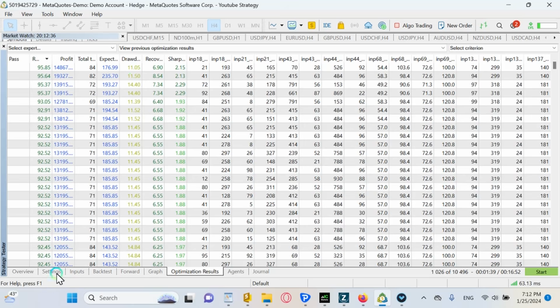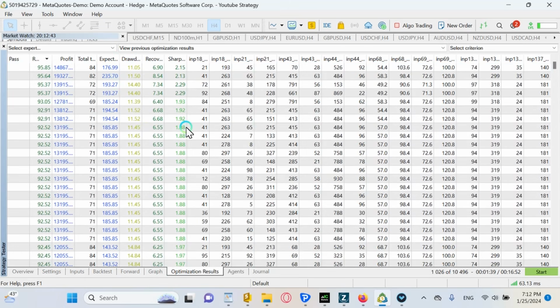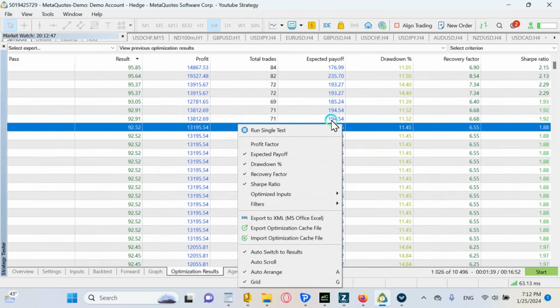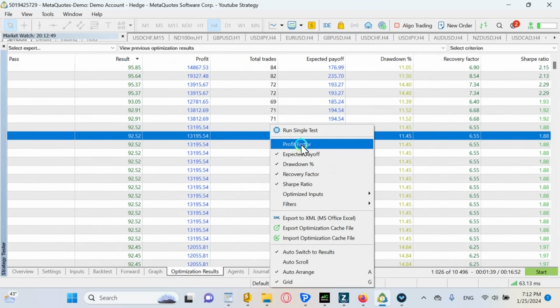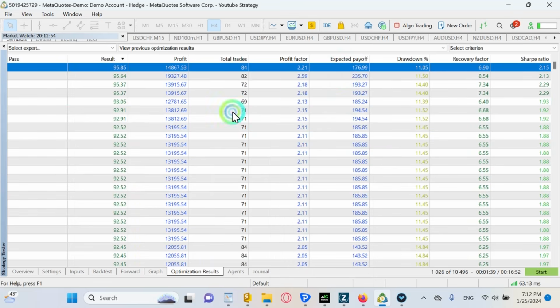First of all, let's just start with the first result, and also just a pro tip. Here you can disable parameters, and you can just see the parameters that you are interested in, not all the parameters.